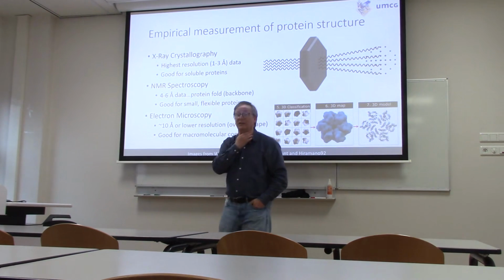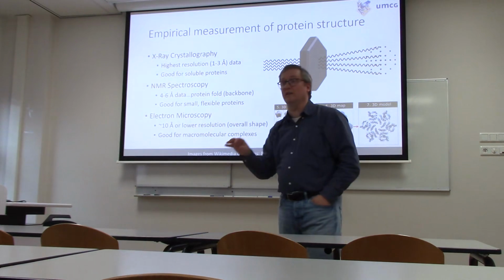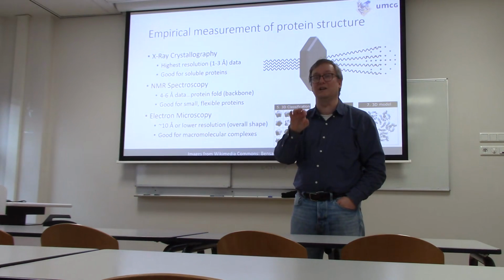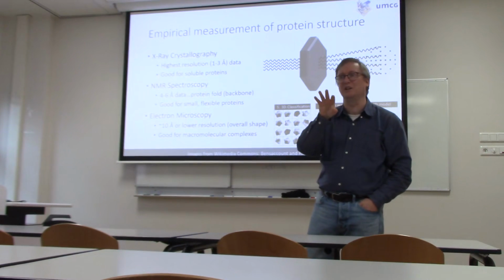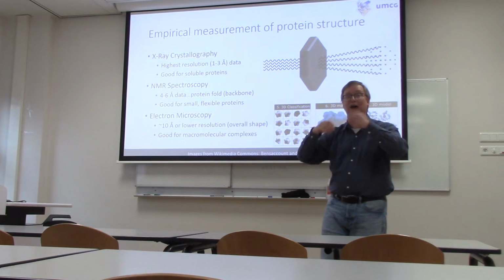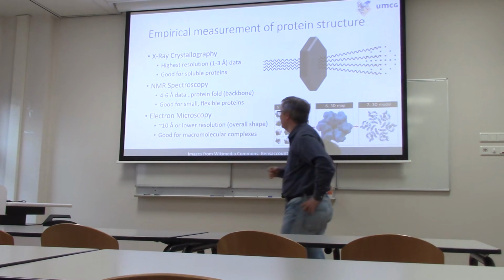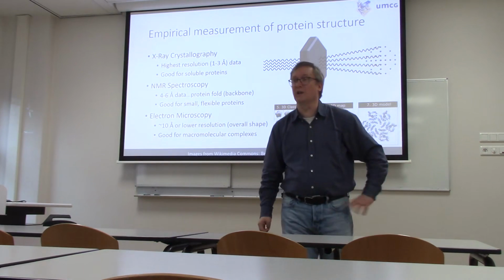It may be that your protein is nice and small, and it might be that your protein is dynamic enough that you need to get sort of a picture of multiple snapshots, if you will, of how those proteins are behaving in solution. And for something like that, NMR is a pretty good option.